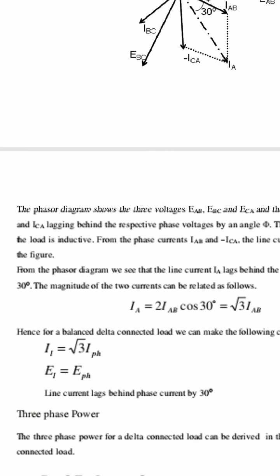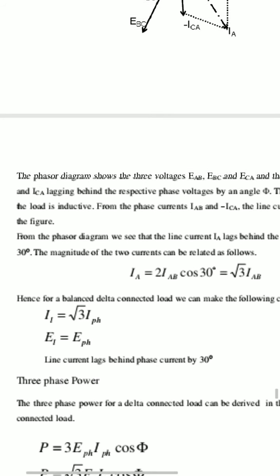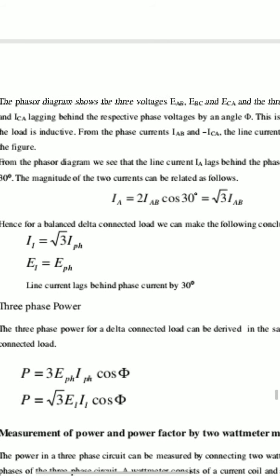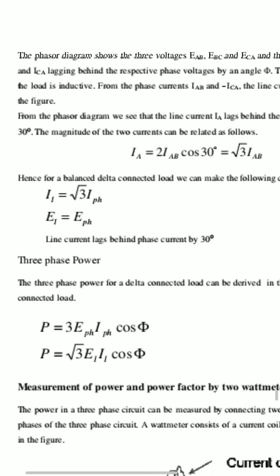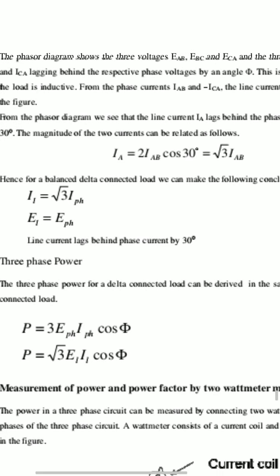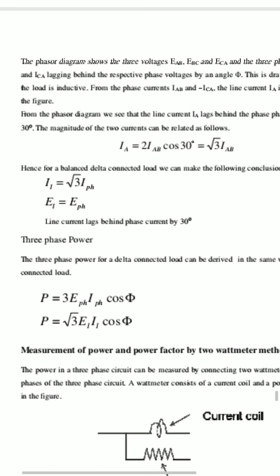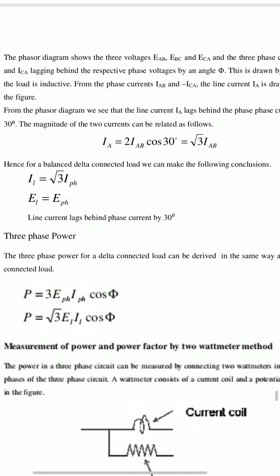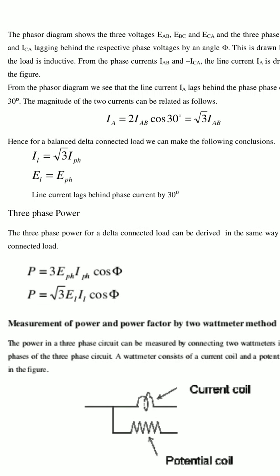Here the phasor diagram shows the three voltages EAB, EBC and ECA, and three phase currents IAB, IBC and ICA. Each current is lagging behind the respective phase voltage by an angle phi.